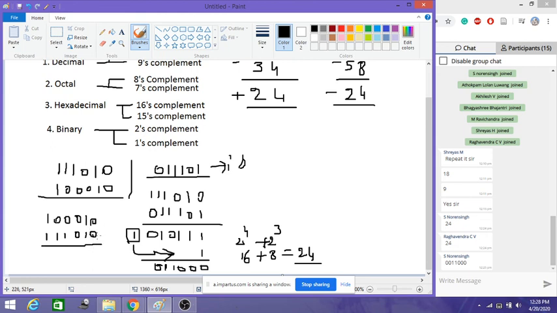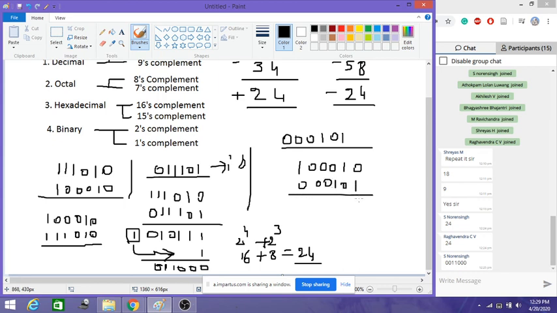Now we have to take the ones complement of the subtrahend. The ones complement of the subtrahend is 0 0 0 1 0 1. So this is the ones complement number. Now we have to add this with the minuend, 1 0 0 0 1 0. So let us add this number 0 0 0 1 0 1.